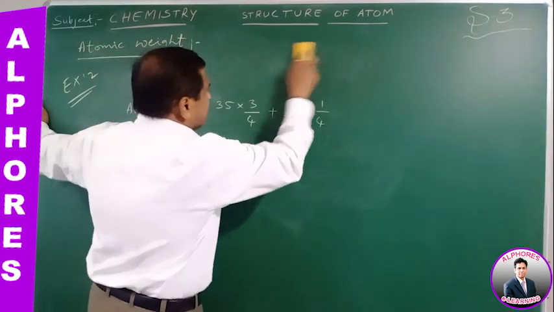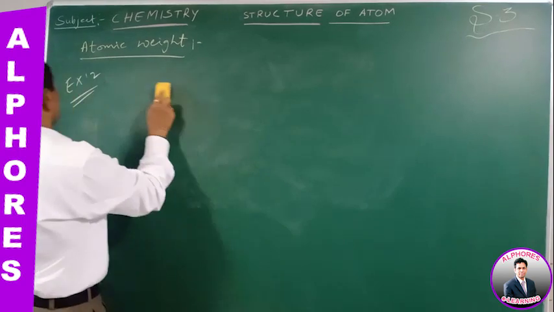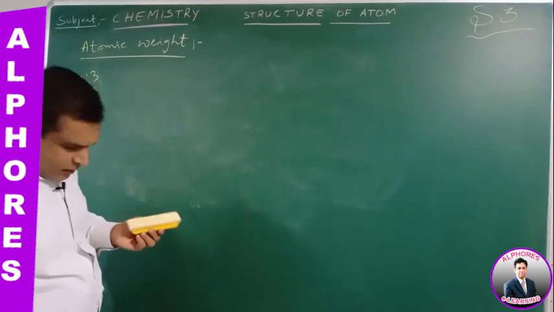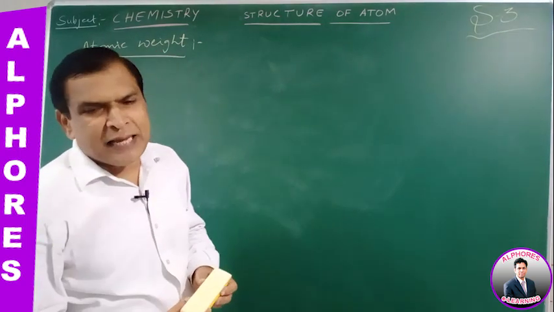I'll write here, example 3: naturally occurring neon is a mixture of three isotopes.